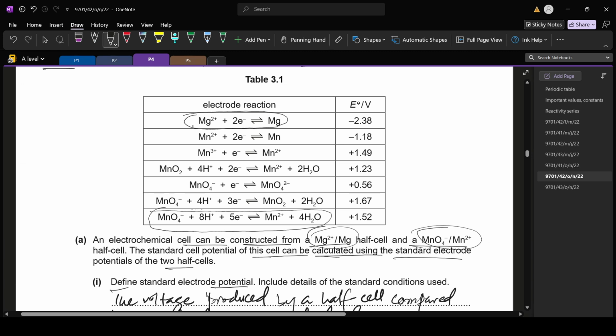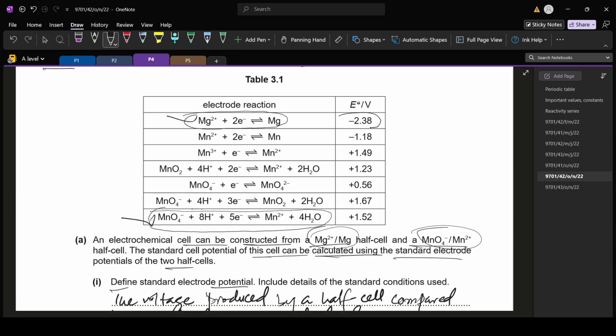The equation for this magnesium half cell is this, and for the MnO4 half cell is this. These values are given in reduction potential, so the one with the greater value will have more reduction potential, so it is likely to reduce, and the other will oxidize.